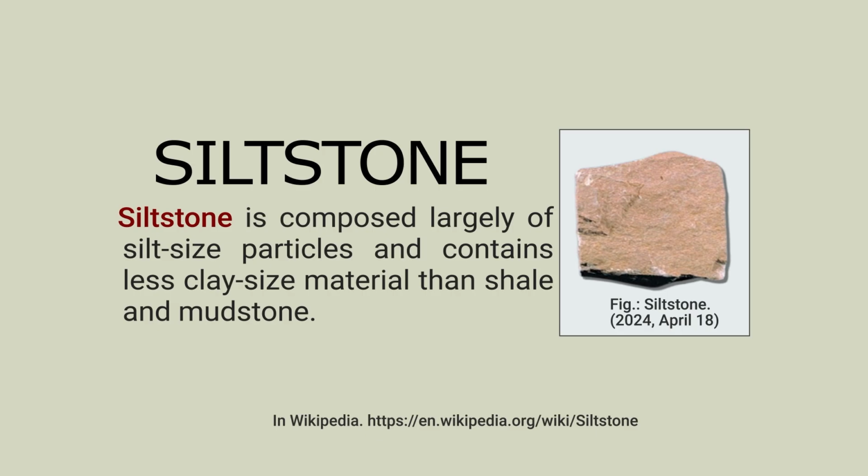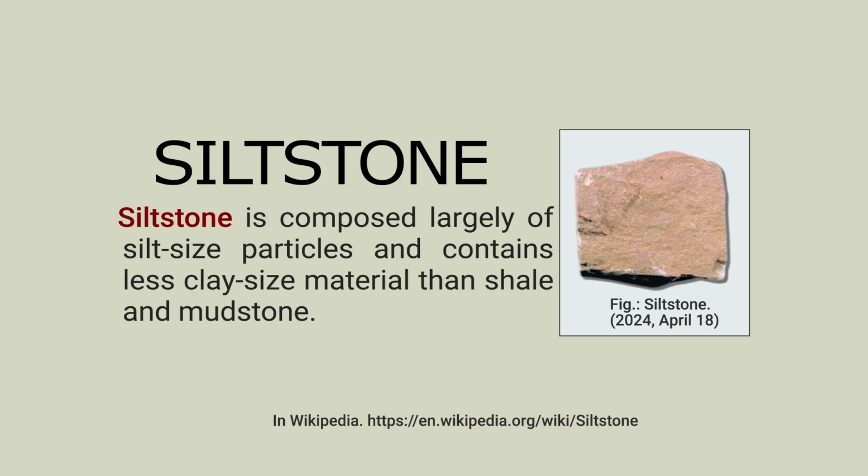Siltstone is composed largely of silt-sized particles, and it contains less clay-sized material than shale and mudstone. The grain size of siltstone ranges from 1/256 mm to 1/16 mm, that is, between clay and sandstone.